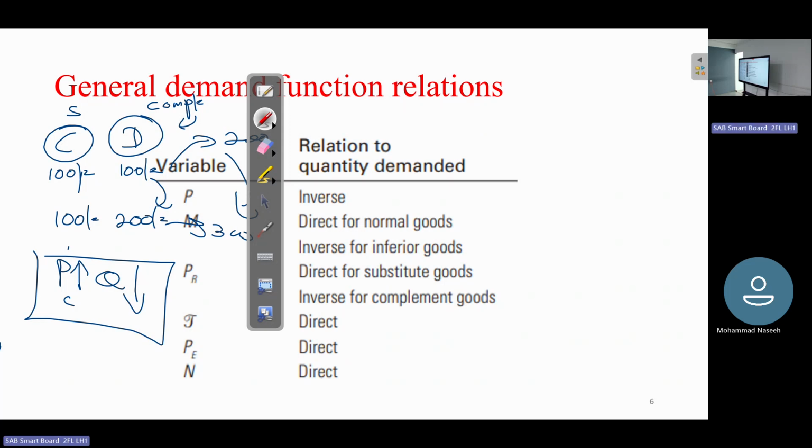These products are called inferior products.